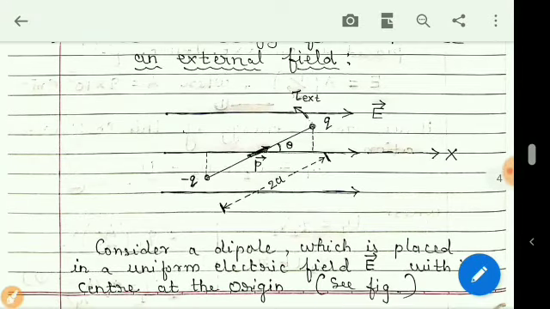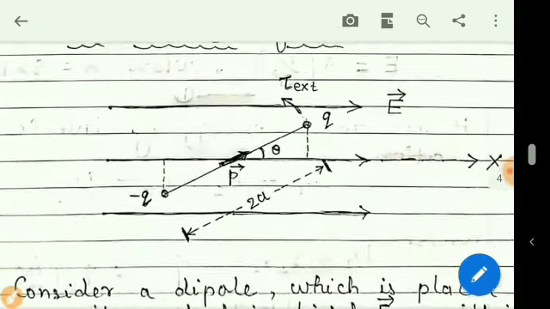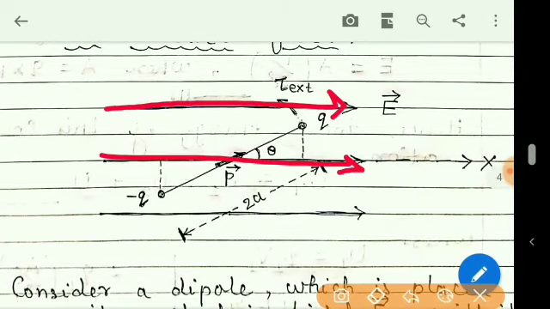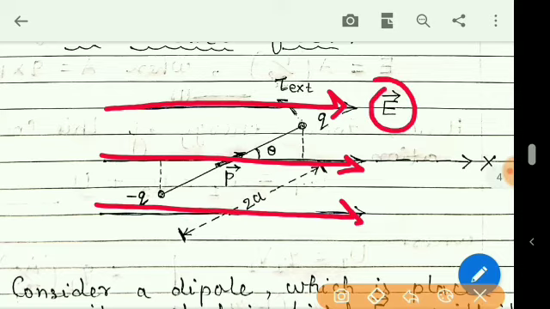Here in the figure you can see an electric field is given. As these electric field lines are parallel, we can say that it is a uniform electric field. This is the x-axis and the center of the dipole is at the origin of the x-axis.